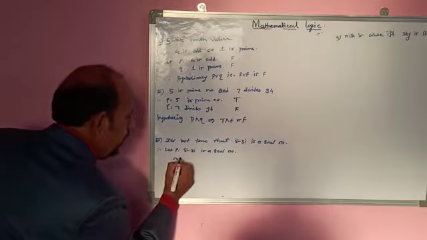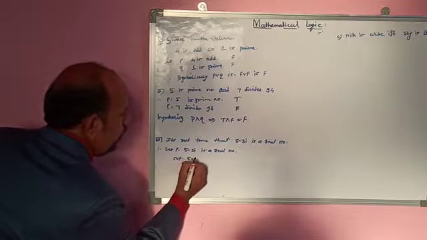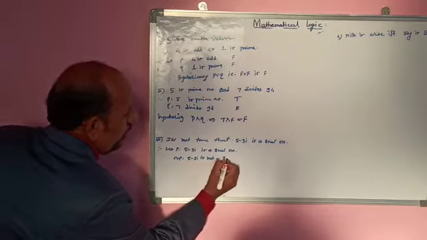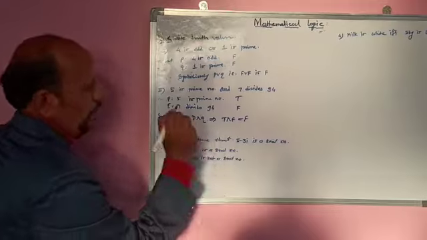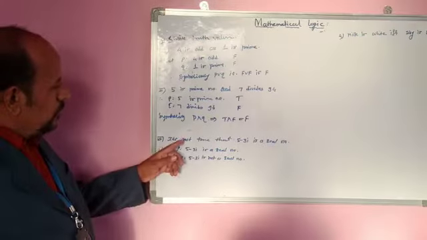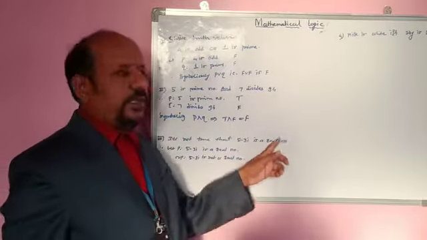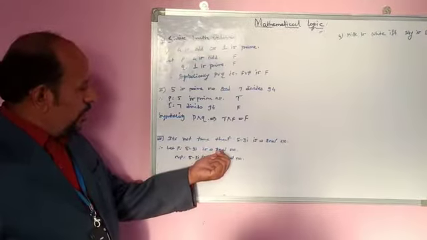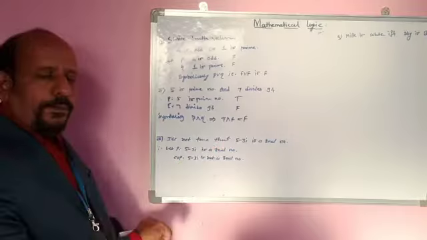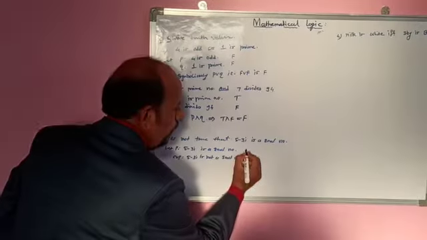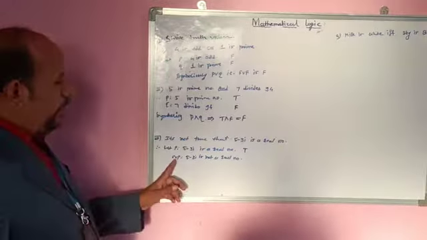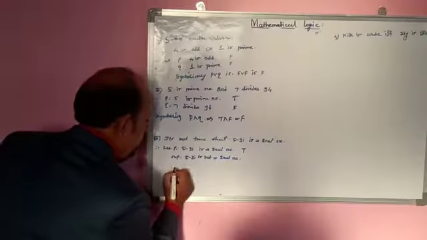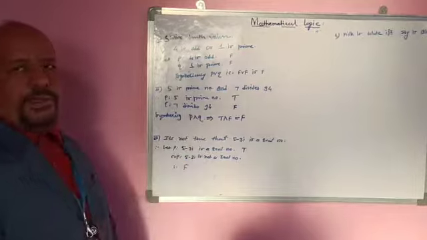Therefore, negation P means 5 minus 3i is not a real number. We know that 5 minus 3i is not a real number, it is a complex number. Therefore, the truth value of P is F, and negation P is T. Therefore, its truth value is capital T.